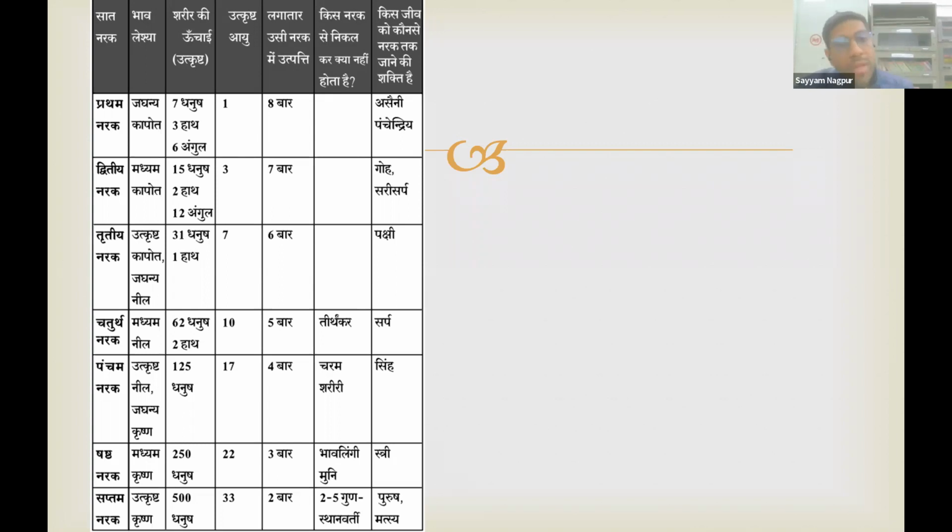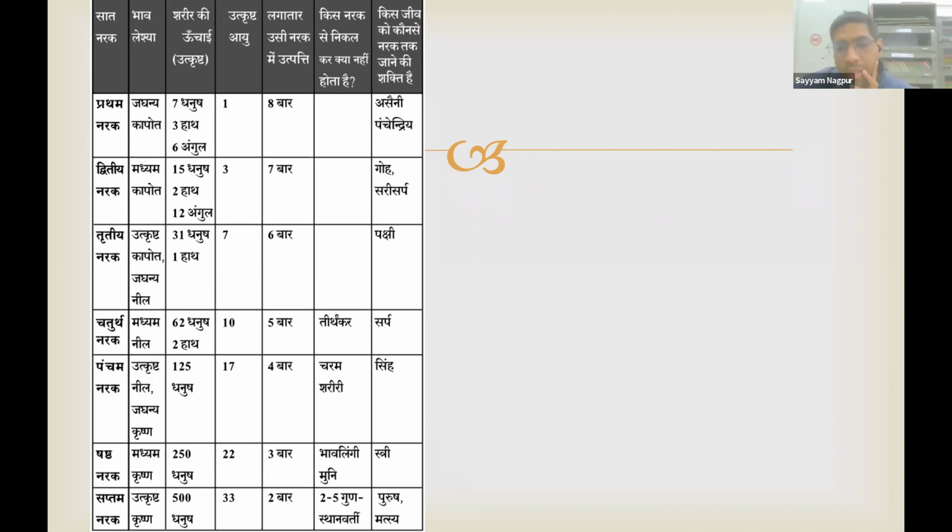Then how many times you can take birth in the same narak is also mentioned here. Then after coming out of that particular narak, what can you become? So after coming out of the fourth narak, you cannot become a tirthankar. But if you want to become a tirthankar, then in case you've gone to narak from the first, second and third narak, you can come back to become a tirthankar.